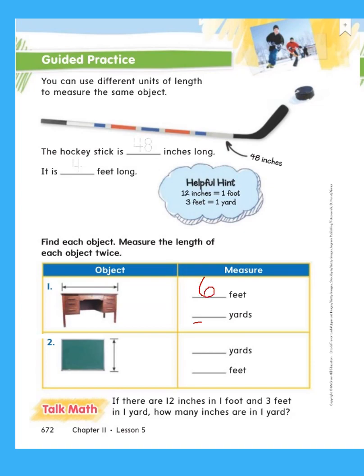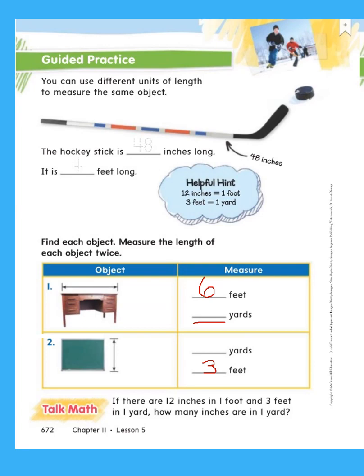So you have to figure out how many yards that is. For number 2, I'm going to tell you that that is 3 feet high. And you have to figure out how many yards that is.